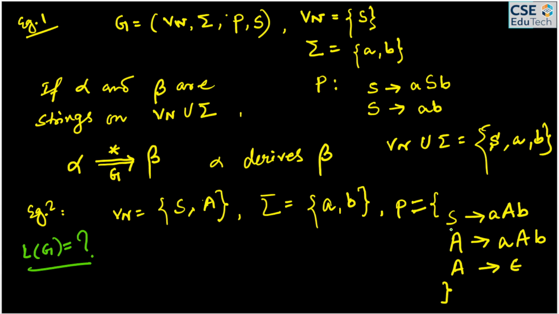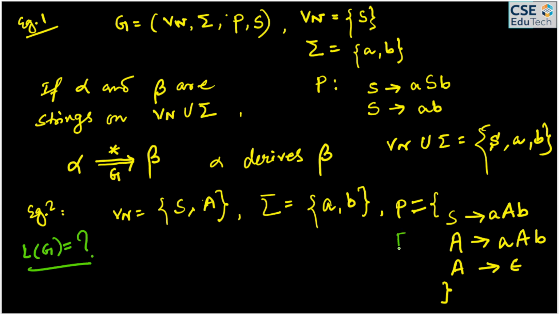So how can we find the pattern of the language? Look here, from the start symbol, we have to generate all the terminal strings, and that will be the set in the language. This set of strings is basically the language generated by this grammar.